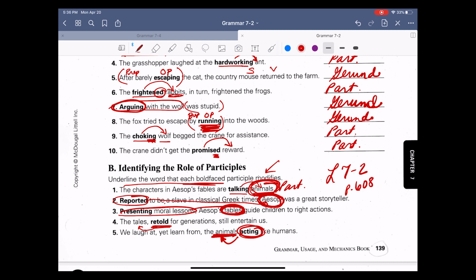And you're going to do numbers 1 through 10. So page 608, numbers 1 through 10, and the instructions tell you to write the participles in each sentence, identifying each as present or past, and then tell the noun or the pronoun that's being modified.